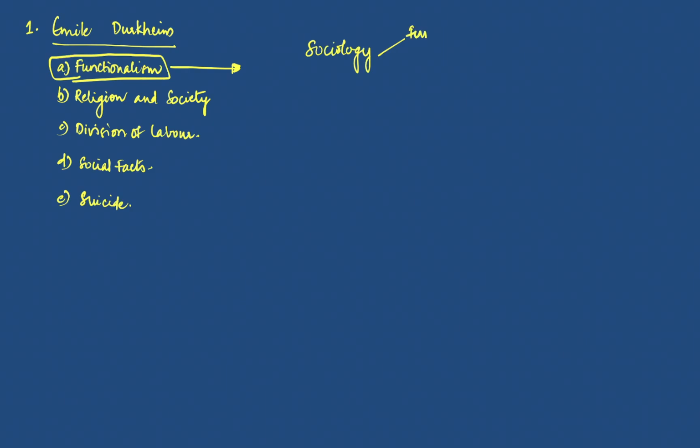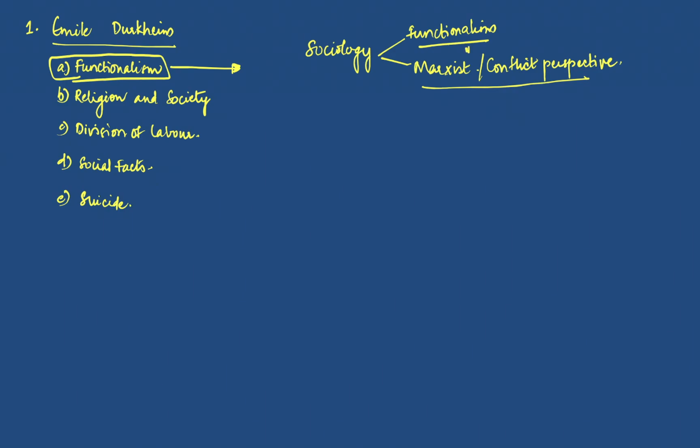The first one is functionalism, and then you have the Marxist notions. These both are called the functional theory and the conflict theory, the conflict perspective, right? These two theories are very important in as much as a lot of questions are asked about the differences in these two and the different aspects of these two schools of sociology, right?